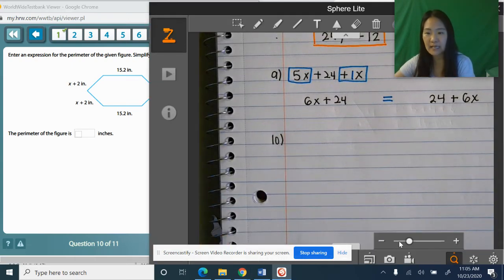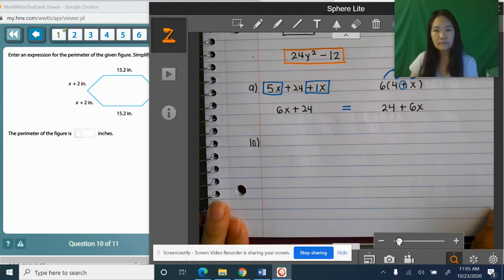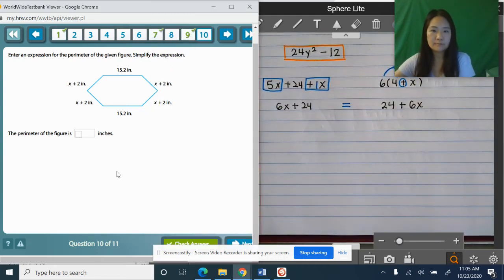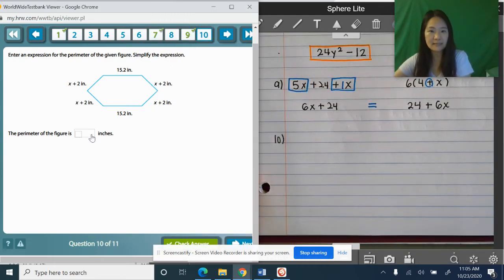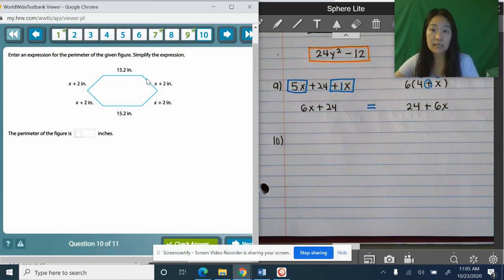Basically, I will be adding 15 and 2/10 plus x plus 2 plus x plus 2 plus 15 and 2/10 plus x plus 2 plus x plus 2. Instead of numbers, some have expressions with variables, but it means the same thing.